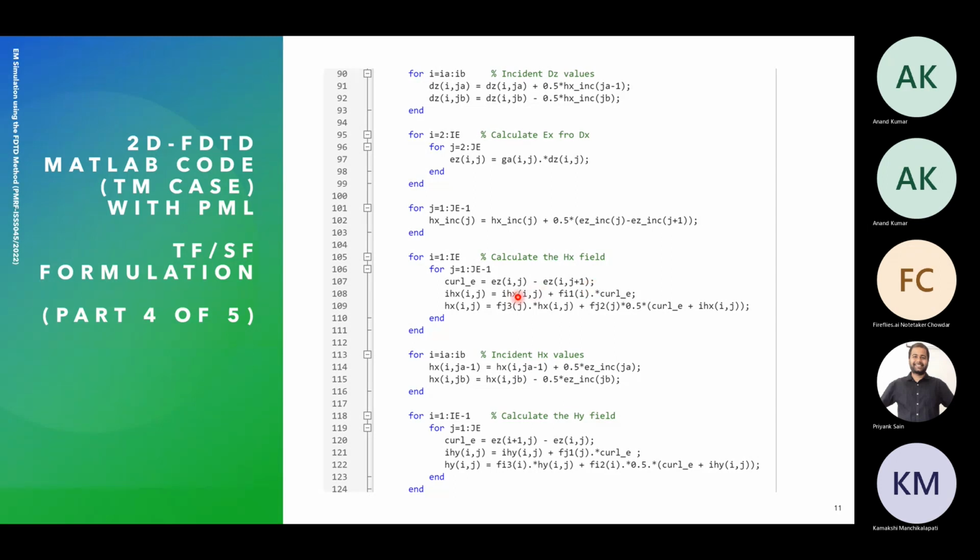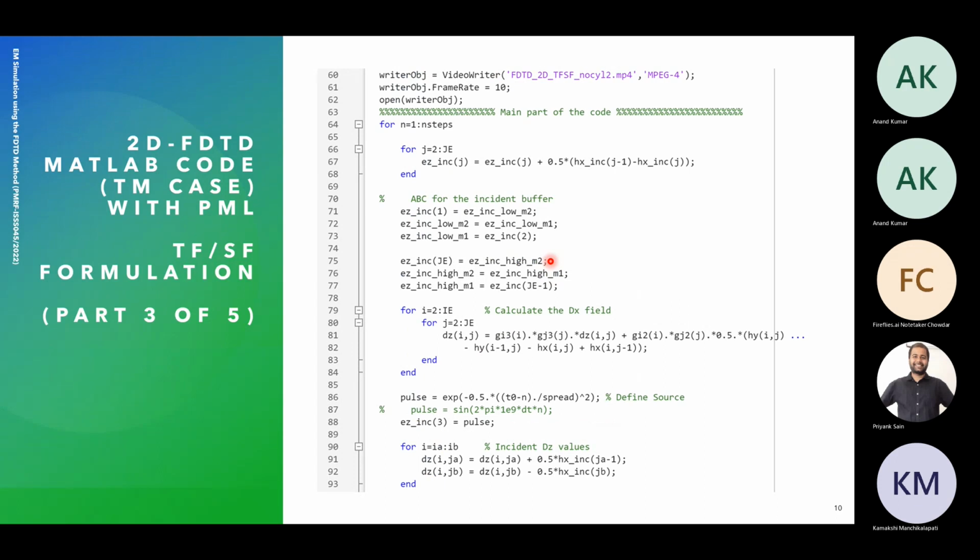Similarly, if we look at some other update equation, for example, over here we are running j from 2 to je because we have a j minus 1 over here. If we run it from 1 to je, for j equal to 1, this particular array position will refer to 0, but MATLAB has nothing at 0 index because the indexing starts from 1. That is why we are running it from 2 to JE.